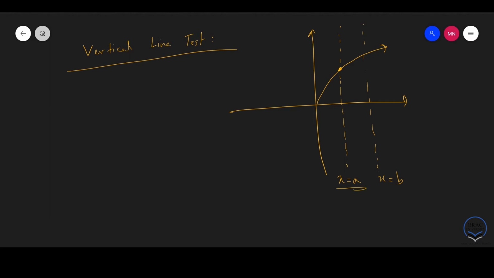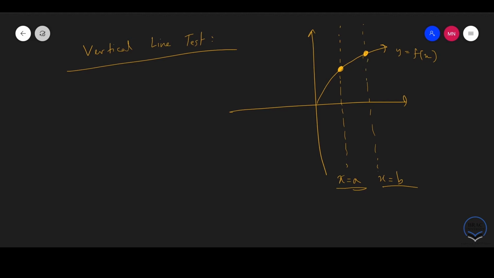When x is equal to a, this vertical line passes through the graph only once. So at this point, we only have one intersection. So this means this is the graph of a function. Similarly, when x is equal to b, the vertical line goes through the graph at only one point.